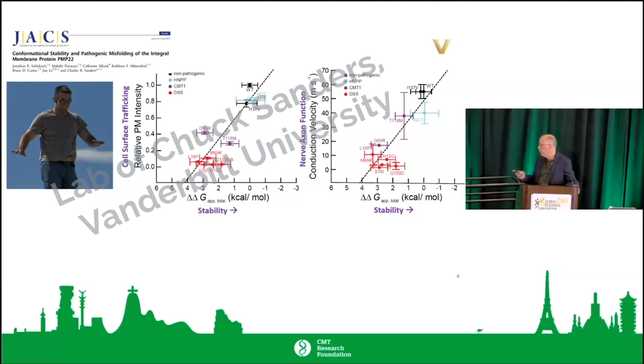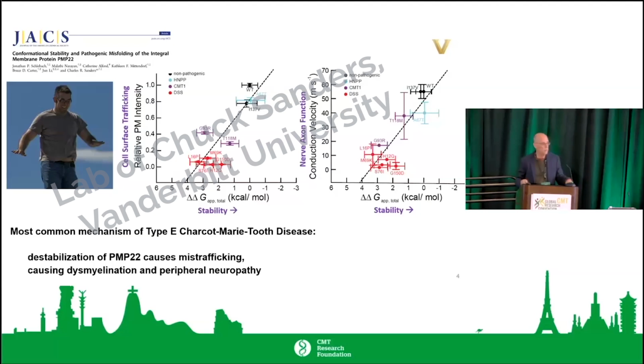Based on this, for the type E form of the disease, we believe we understand the fundamental underlying cause of the disease. It is caused by destabilizing of the protein, which causes misfolding, which leads to mistrafficking, which ultimately leads to dysmyelination and peripheral neuropathy. So we were obviously very pleased with these results.